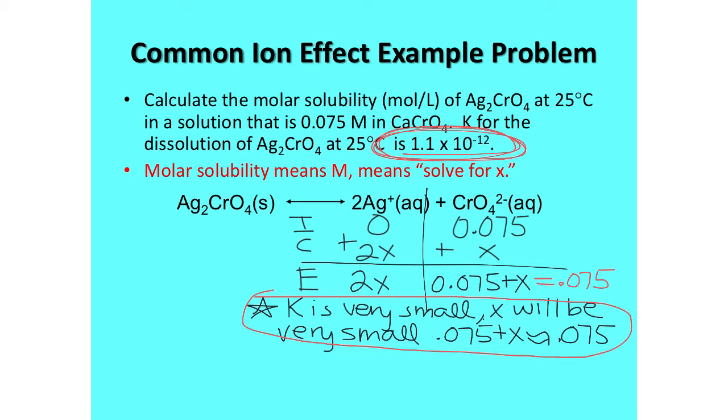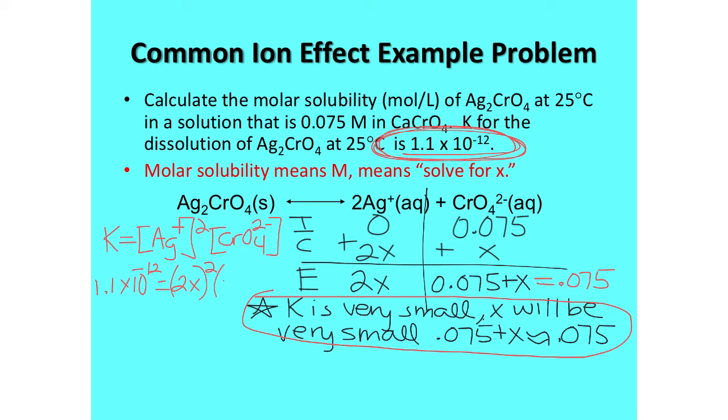Okay, so now we can plug into our K expression, which again is going to be the silver ion squared times the chromate ion. All right, and our value for K is 1.1 times 10 to the negative 12th. Silver is going to be 2x squared.